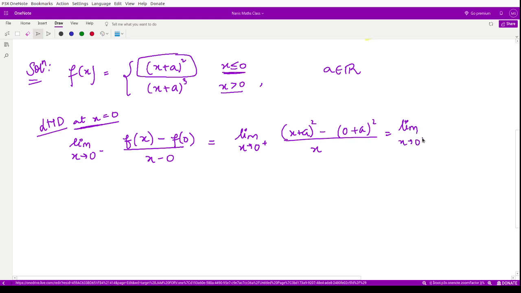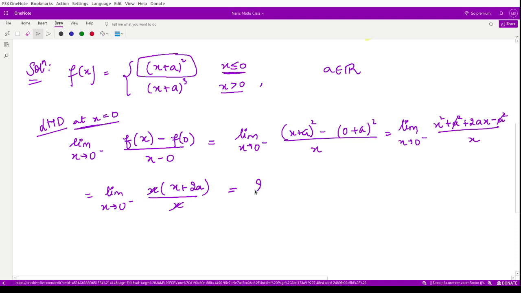I'm sorry, it is not plus but it is negative. So we have the left limit as x square plus a square plus 2ax minus a square, divided by x. Now this and this cancel. So we have limit x goes to 0 negative. We can take x common, so it would be x plus 2a, divided by x. This x and x cancel out, and when you substitute 0 here, you get the left derivative as 2a.